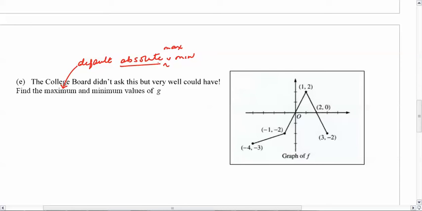Well, if I want to use the EVT for G, I need to know whether or not G is continuous. And you may recall that when we did the fundamental theorem of calculus, we said that all functions of the form of an integral from a constant to x of f of t dt will be continuous.